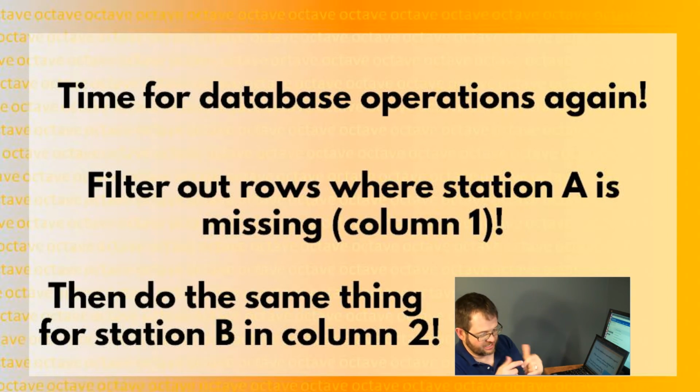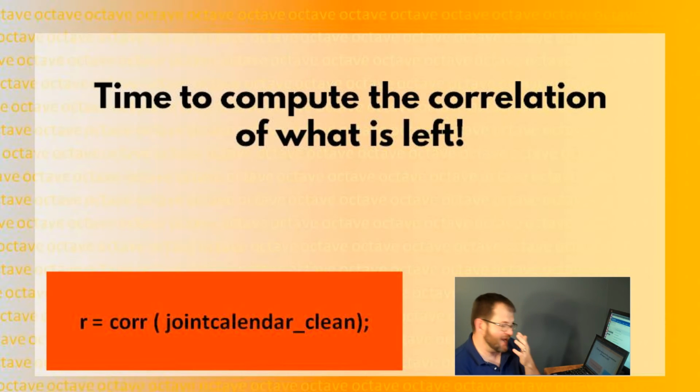Any date where A or B is missing will now be gone, and what you'll have left is a new array. I happen to call mine joint calendar clean. That is the set of the handful of days that are good observations in January. There's both an observation at station A, Howells, and at station B, Hershey.